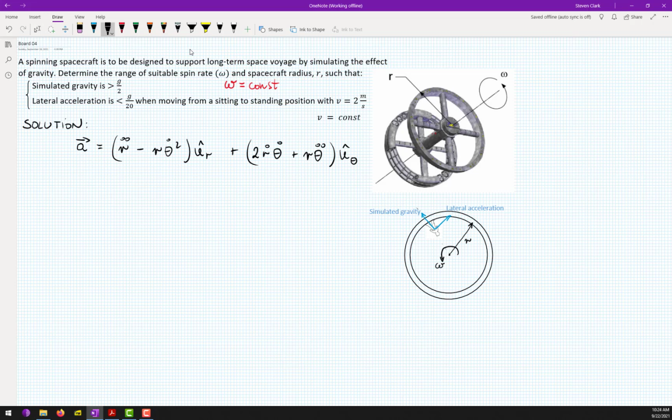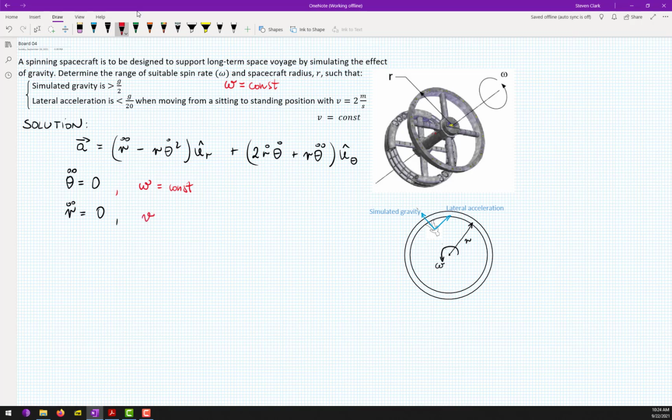For example, can you tell me what theta double dot is? 0. And why? Because omega is constant. Exactly. And the same thing for r double dot, this is also 0, for the same reason.